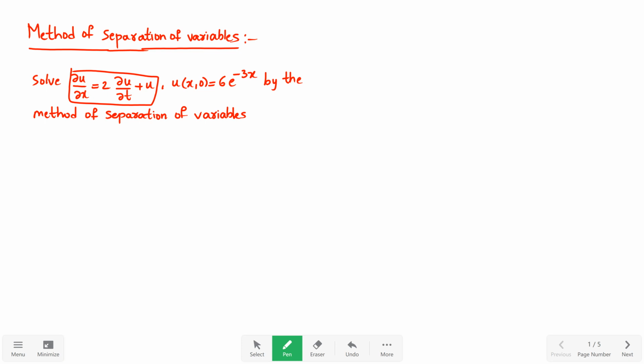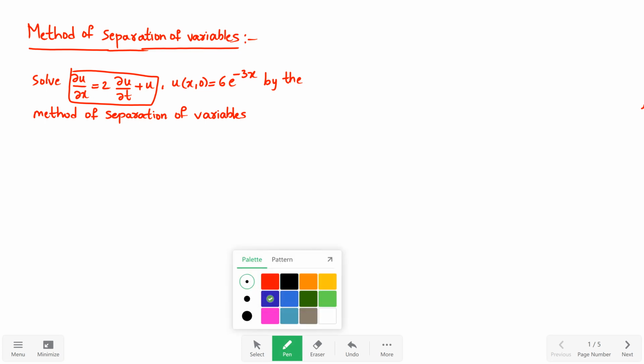Solve ∂u/∂x = 2 ∂u/∂t + u, u(x, 0) = 6e^(-3x), by the method of separation of variables. So here we are asked to solve this partial differential equation by using the method of separation of variables.